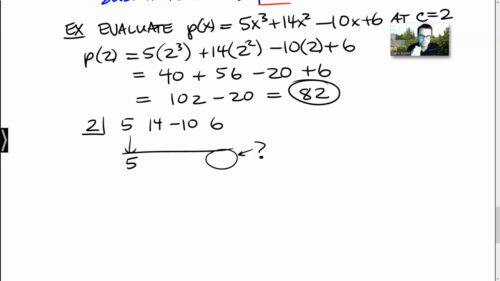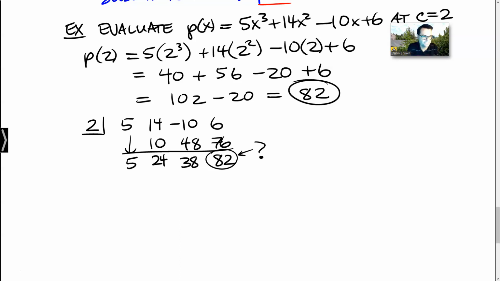Watch. 5 times 2 is 10. 24 times 2 is 48. Subtract 10 is 38. Times 2 is 76. 76 plus 6 is 82. You can see right here, this took me much less time than taking the powers. So it's a very nice result.